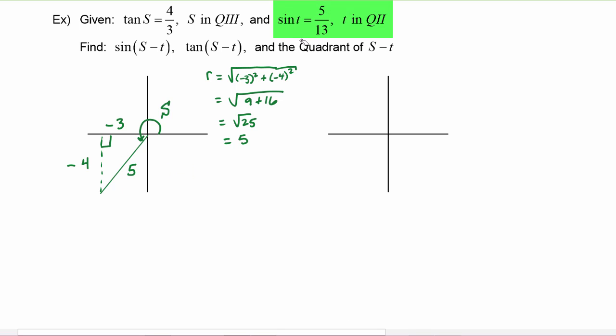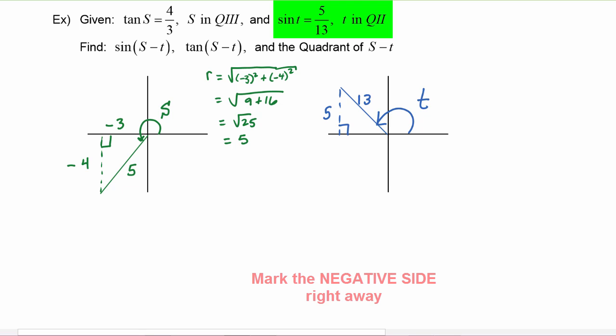Next, we're told that t is in quadrant 2, and that its sine is 5/13, so we know the y value has to be 5, r has to be 13, and because we are in quadrant 2, the x value has to be negative.